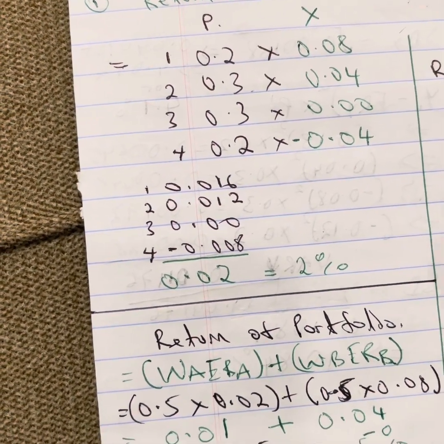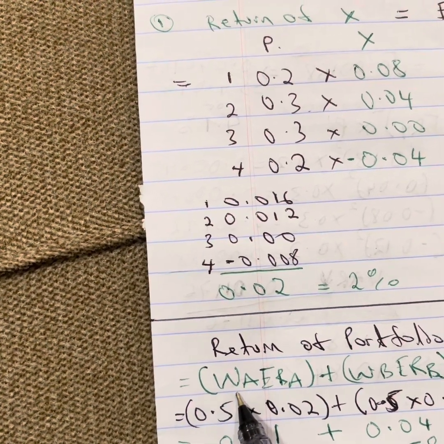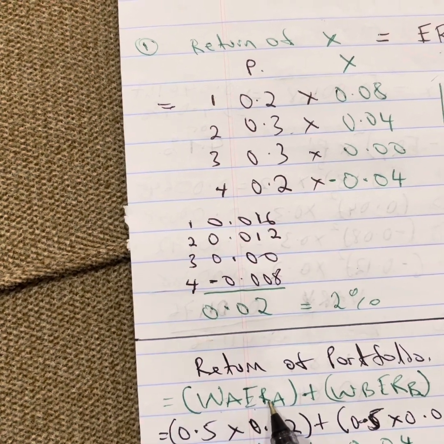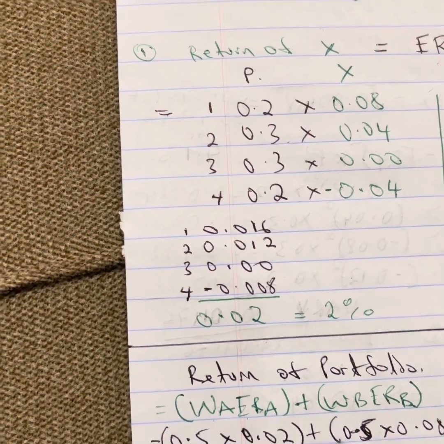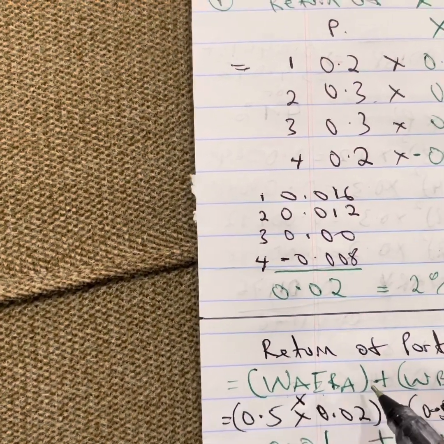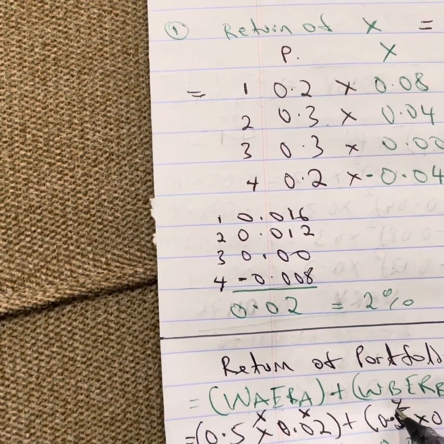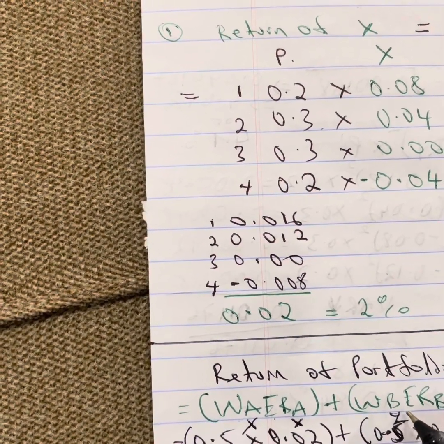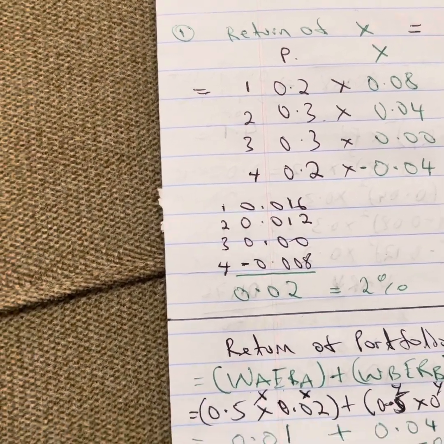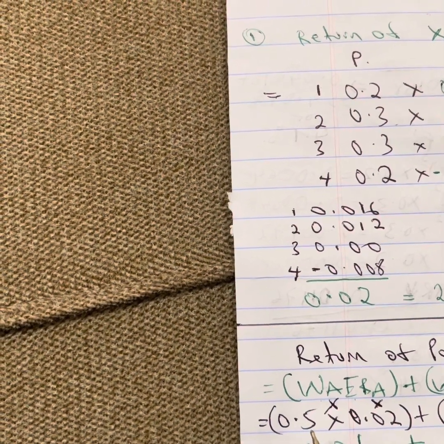So in finding the return of the portfolio, we look for the weight of asset A, or X in this case, multiplied by the expected return of asset A, or X. So let me just write that here. So this can be X, this can be X. Then we add that to the weight of B or Y multiplied by the expected return of B or Y. The weights in the question are assumed to be invested equally.